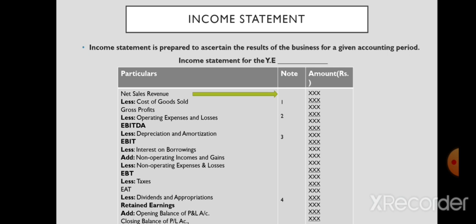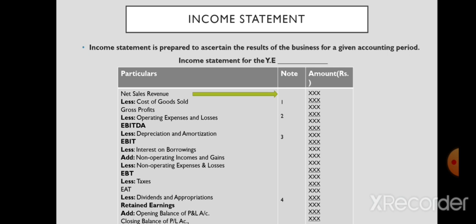When we deduct operating expenses and losses, we will get EBITDA, that is earnings before interest, tax, depreciation and amortization. When we deduct depreciation and amortization from EBITDA, we will arrive at EBIT, that is earnings before interest and tax.